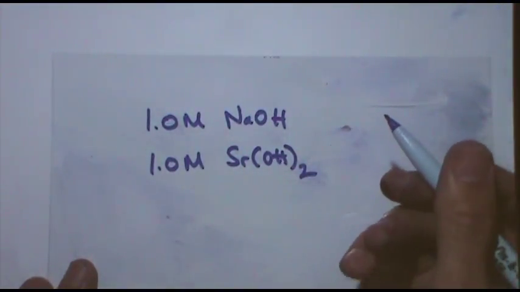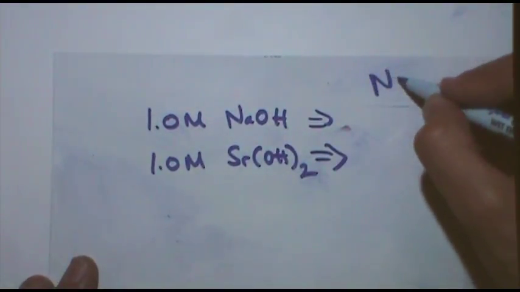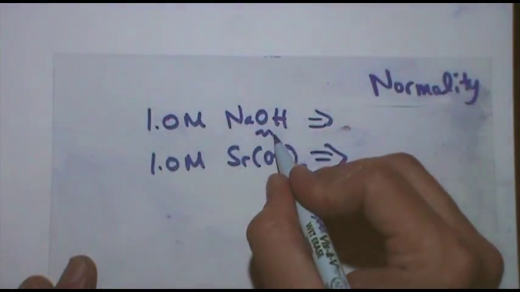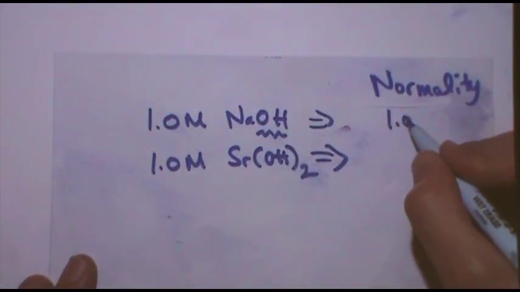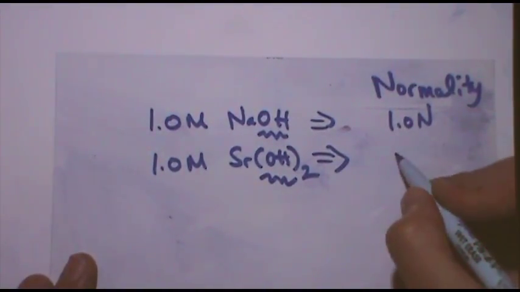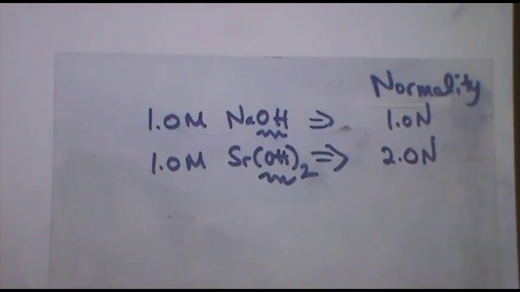These are both bases. If you want to change to normality, this has 1 equivalent of OH, so this would be 1 normal. This has 2 OHs, so it would be 2 times 1, or 2 normal. That's it. So it's the number of OHs. Is that cool? Okay.